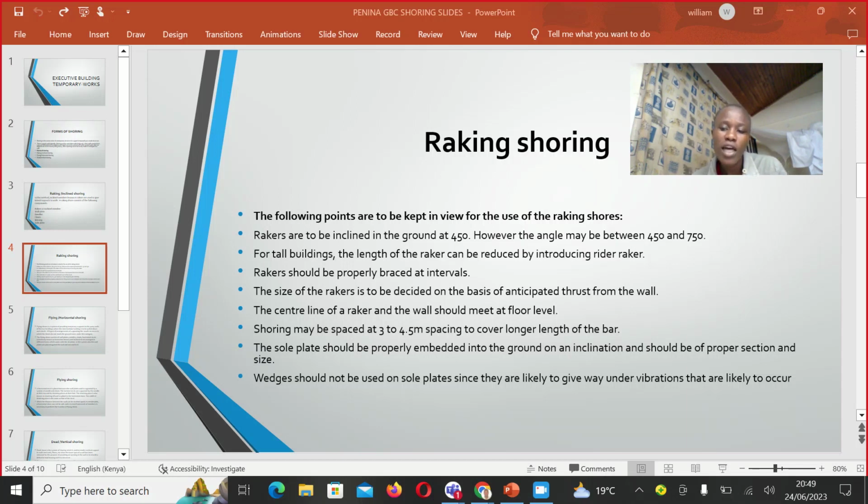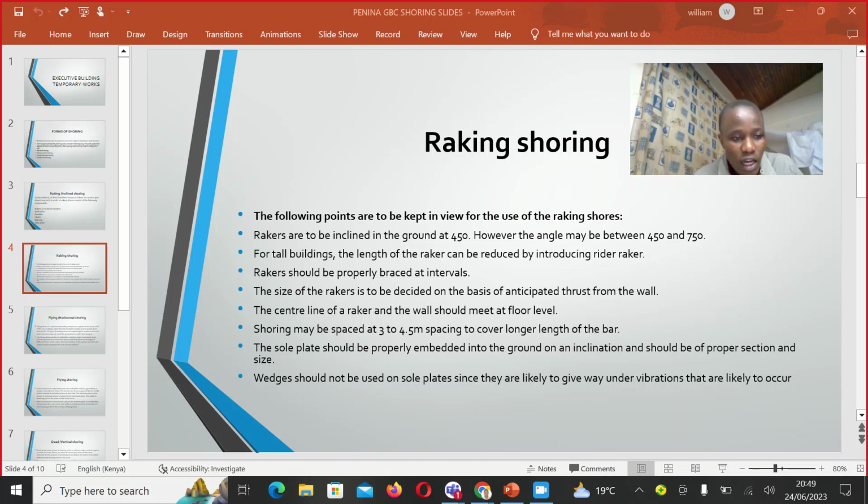Bracing helps the struts of the raker to be firm so that it does not shake when the wall is in vibration. The size of the rakers is decided on the basis of anticipated thrust from the wall, and the center line of the raker and the wall will meet at the floor level for stability. The shores may be spaced at 3 to 4.5 meters. The sole plate should be properly embedded into the ground on an inclination and should be of proper section and size.